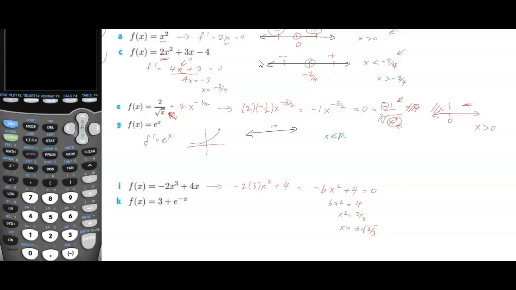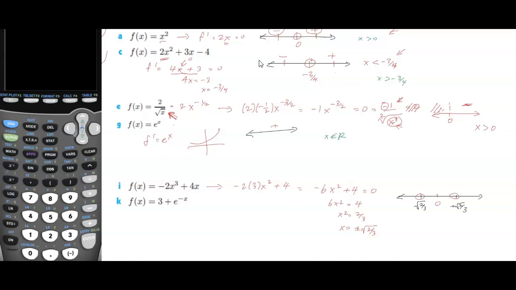So on our sign diagram, we would have 2 points, which are negative square root of 2/3 and positive square root of 2/3, when the derivative is going to be 0. And then we'll just check what happens at intermediate points, like in between the two.